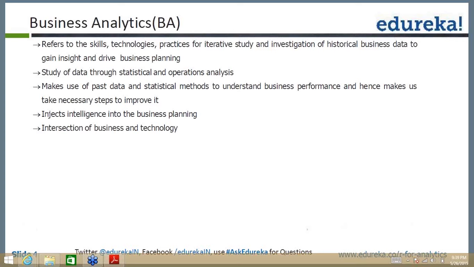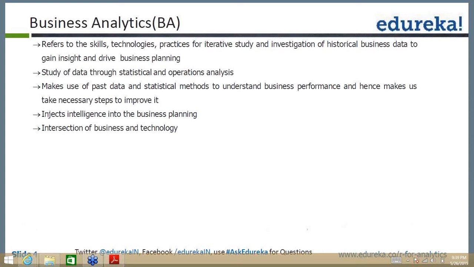So any business, it's all about two essential aspects. One is to increase the revenue, which will positively impact the bottom line, or in other words, the profit of a company. And the other aspect could be bringing down the cost.